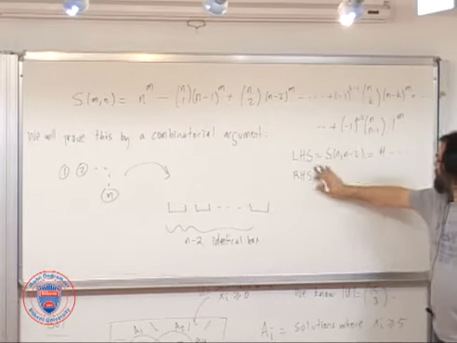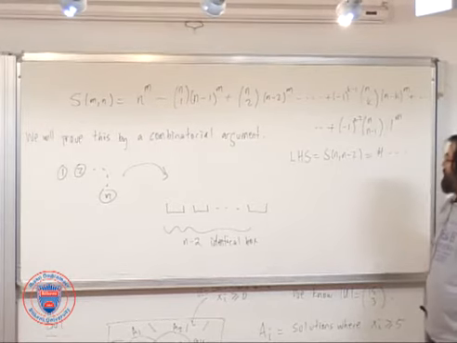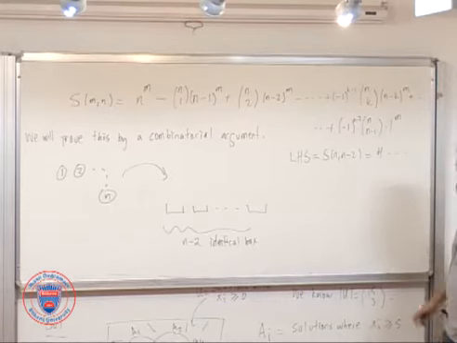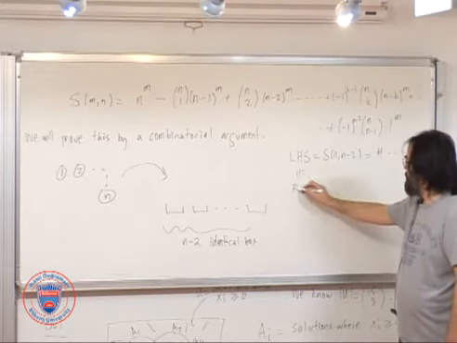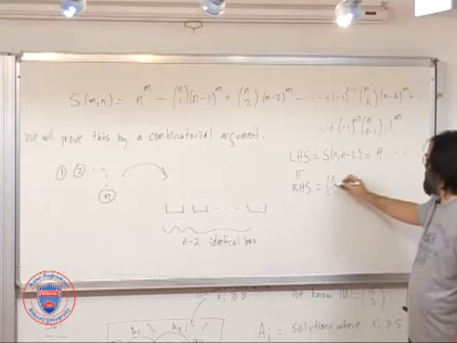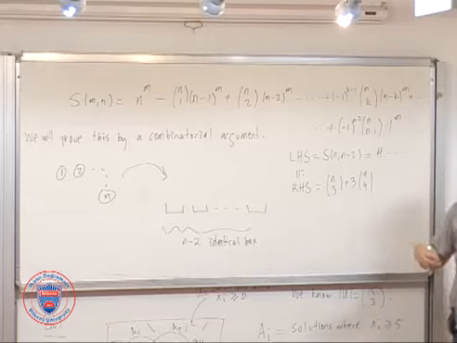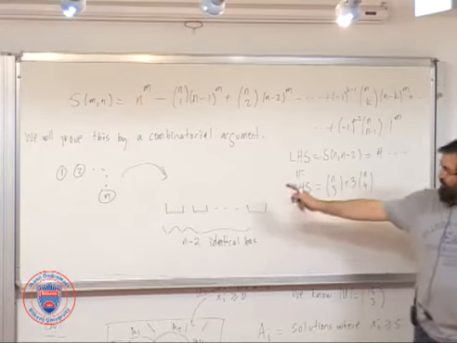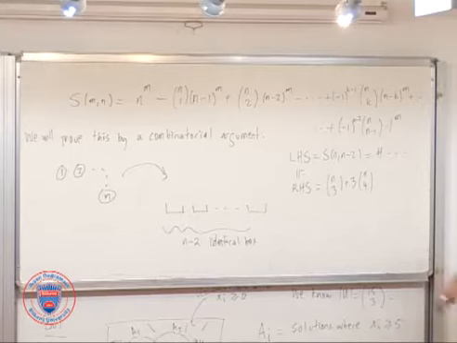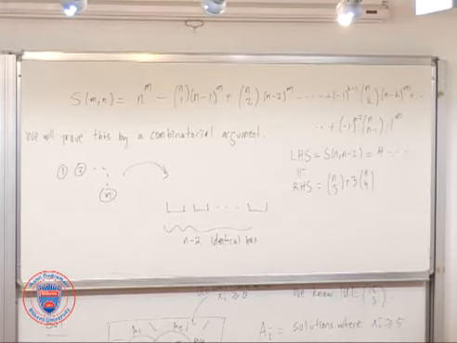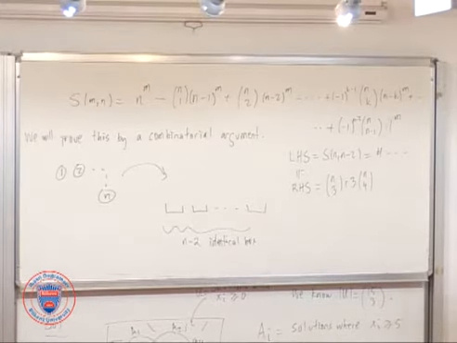So you want to show that this is equal to the right-hand side, which is n choose 3 times n choose 4. So in some way you have to find a good way of counting this distribution which will result in this answer. So how many ways can I distribute n distinct objects to n minus 2 identical boxes?